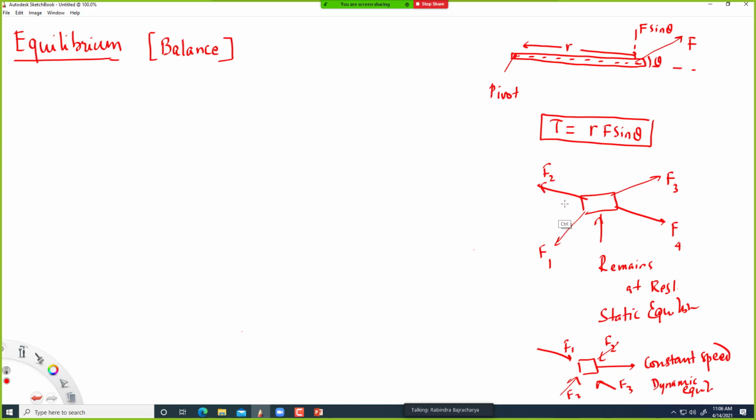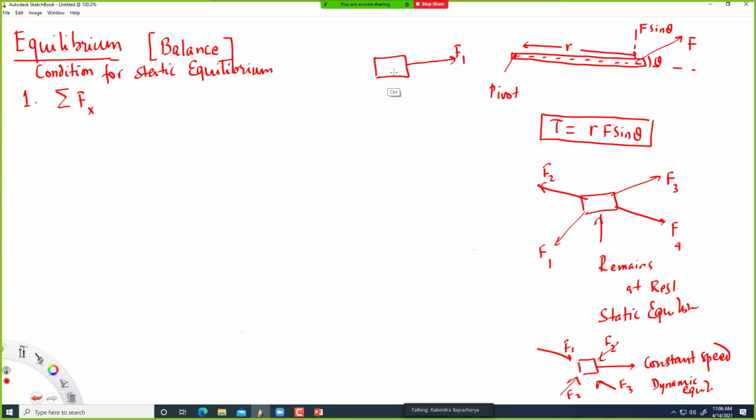So for the condition of static equilibrium, we saw that the force along the x direction matters. You have a box or something, and you pull this box this way. When you pull the box to the right, it will accelerate.